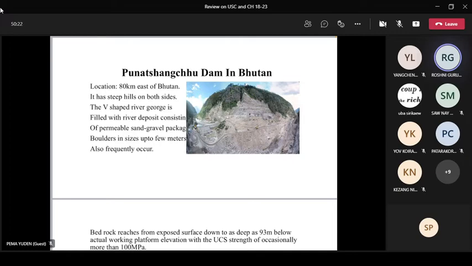Punatang Chu Dam in Bhutan. Punatang Chu is located 80 km east of Bhutan. It has steep hills on both sides. The V-shaped river gorge is filled with river deposit consisting of permeable sand gravel packages, with boulders up to a few meters in size occurring frequently.